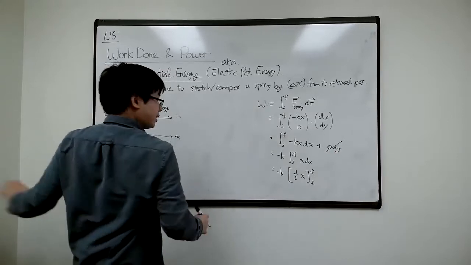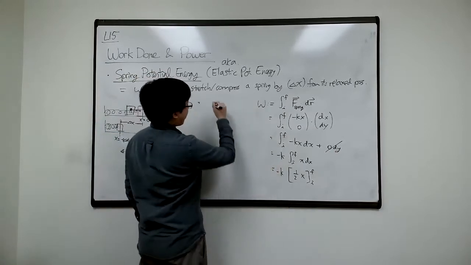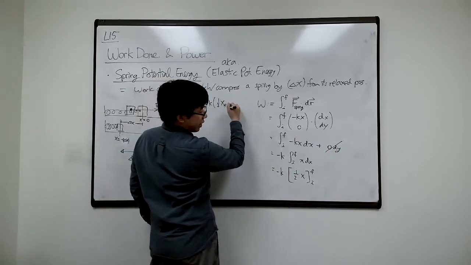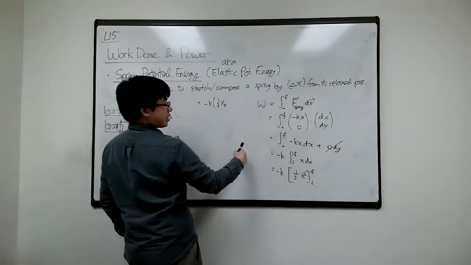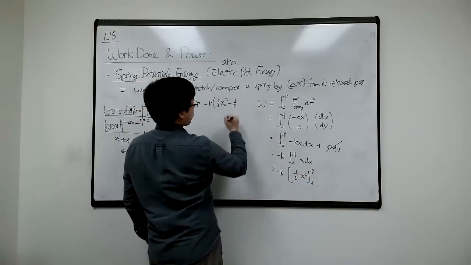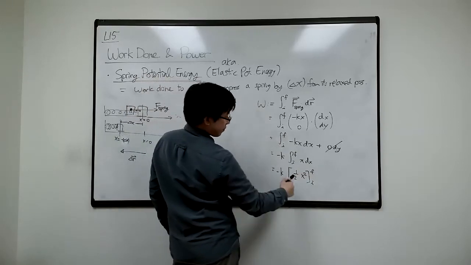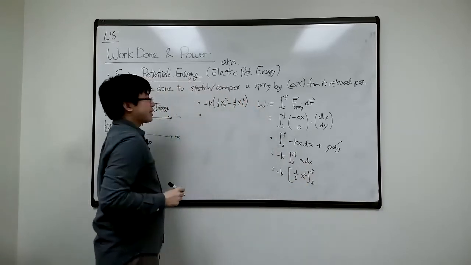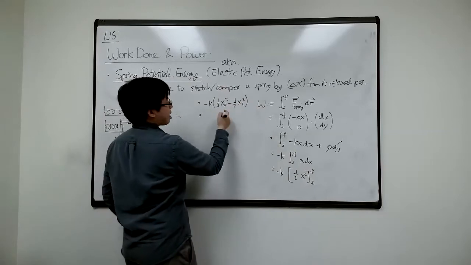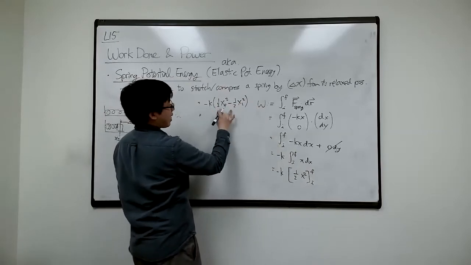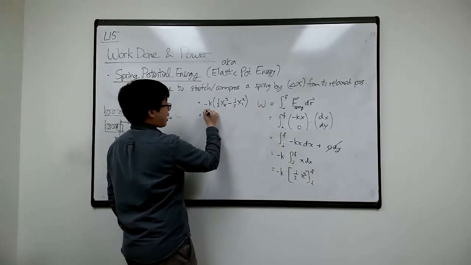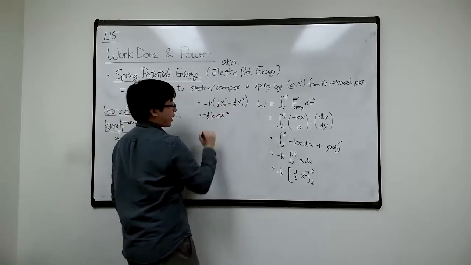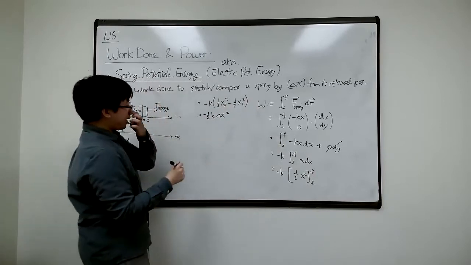Then I can plug in k: 1/2 x final squared minus 1/2 x initial squared. If you gather this up, I can pull out the 1/2, so I have minus 1/2 k delta x squared over here.